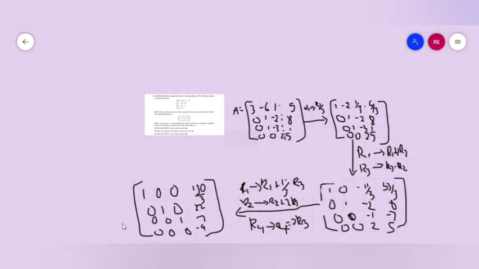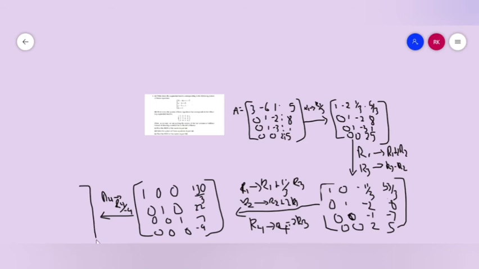After that we have to eliminate this minus 9, because diagonally we need 1 as the pivot in row 4. So R4 goes to R4 divided by minus 9.